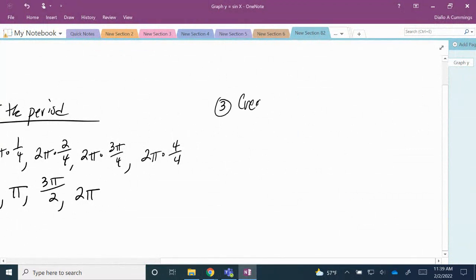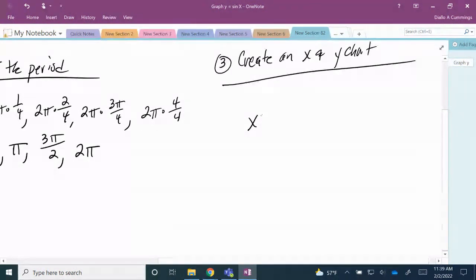So we're going to create an x and y chart. You may say, well, what are the x values and what are the y values?